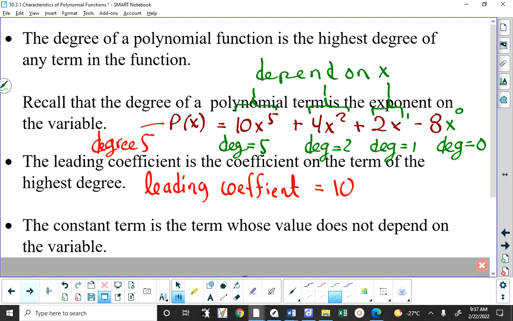They're variable. But negative 8 is constant. So the constant term here in my example would be equal to negative 8. Now that's just an example I made up off the cuff, as they say.